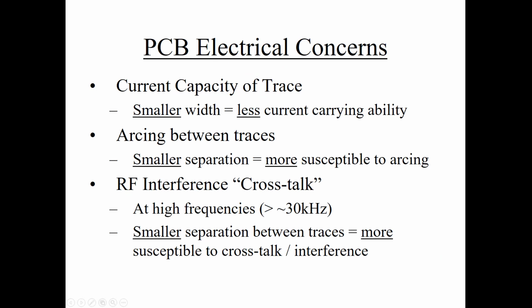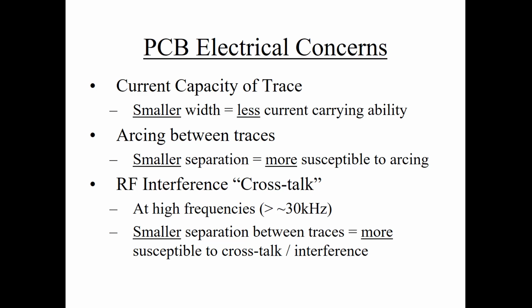Okay, here are the electrical concerns that we have with a printed circuit board. A big one is making sure that your traces can handle the amount of current that it needs to. If you try to pass too much current through a trace, it's going to overheat and possibly lift from the board. In the worst case, it could actually start flaming the board.